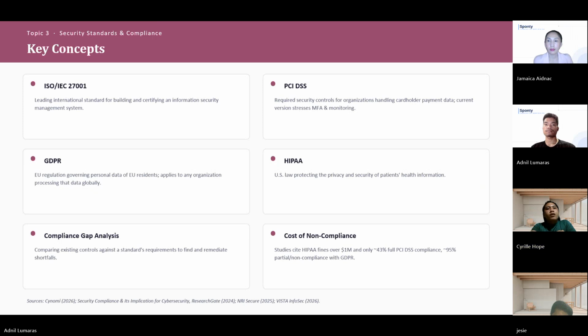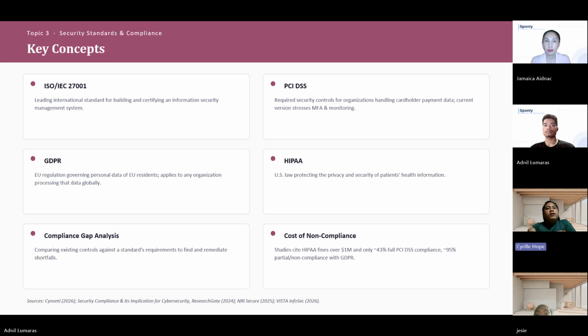partners. A peer-reviewed study on security compliance describes it as adherence to legal, regulatory, and industry standards that govern data protection, privacy, and security measures, and notes that this compliance is a critical driver of an organization's overall cybersecurity posture, not just a paperwork exercise.